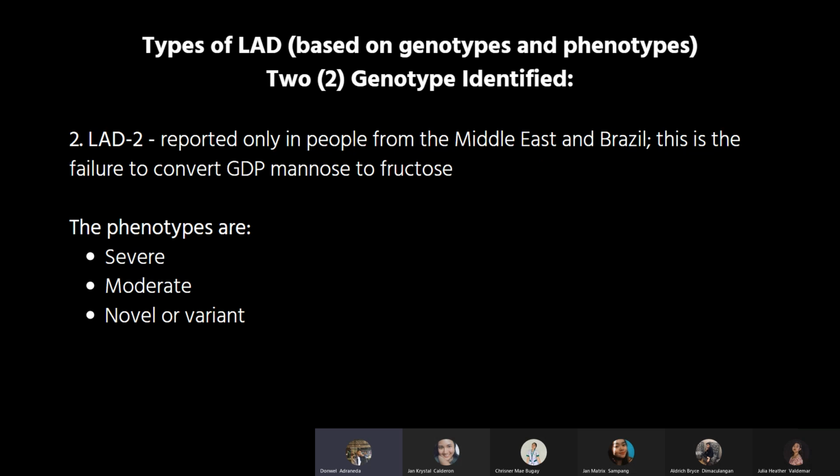As well as, I repeat, it can affect our psychomotor retardation. So, it can cause visible slowing of physical and emotional reaction, including speech. So, for our phenotypes, it is simply severe, moderate, novel, or variant. Next slide, please.